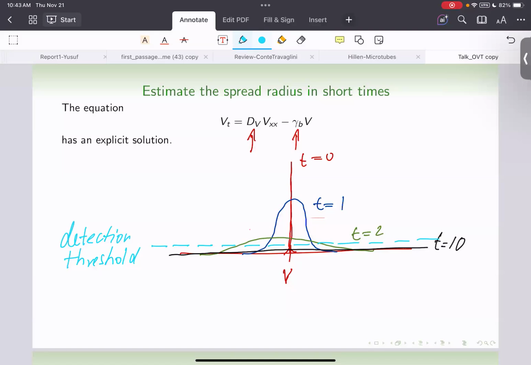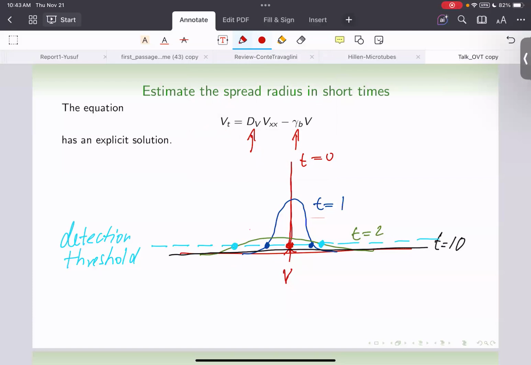Now, these curves, which I plotted in red, blue, and green, have intersection points with the detection threshold. So here, the green one intersects here. If I go further to the left, I'm below the detection threshold, or here is another point, and this should be symmetric in plus or minus. For the blue curve, I have the points earlier, so I hit the detection threshold here and here. And for the red curve, I hit it super close here and here.